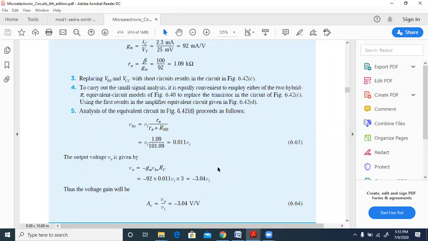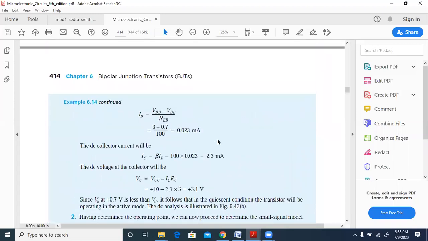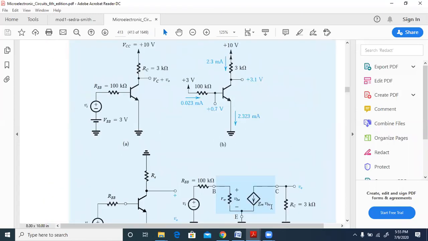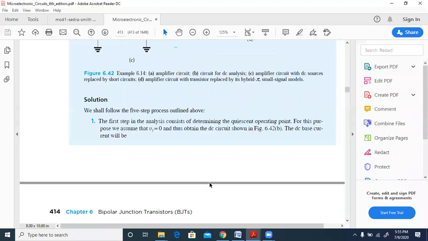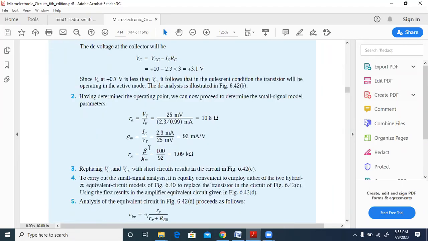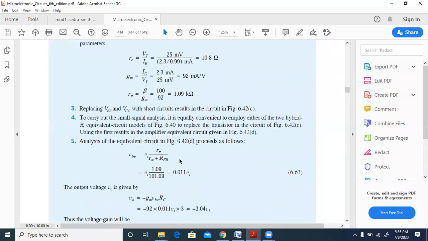So VBE is found, but we have here GMVB as the current. So GM we have found, multiplied by VB, or you can find IB and multiply by the beta itself. Both are same.